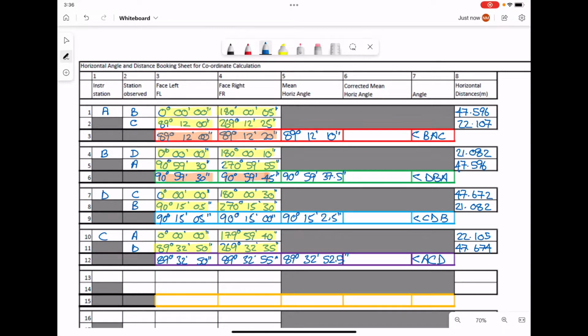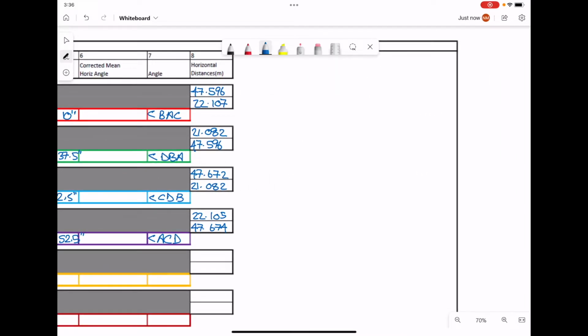In our closed traverse, we have 4 points or stations. If our measurements for angles were 100% correct, our 4 angles that we've measured at stations A, B, C and D should add up to give us 360 degrees.